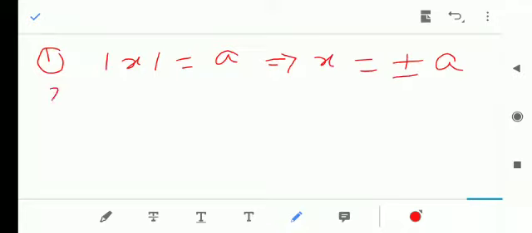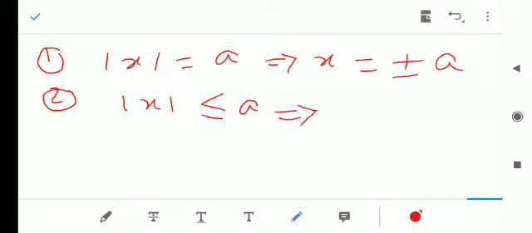Point number 2: if |x| ≤ a, this implies that x belongs to [-a, a]. Suppose I say |x| ≤ 3, this implies that x belongs to [-3, 3].